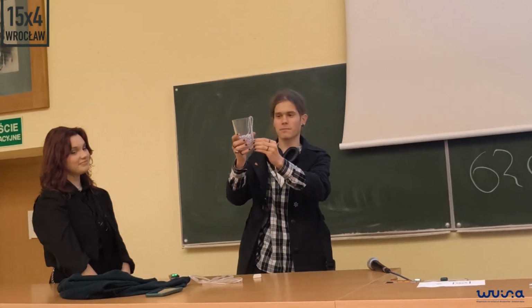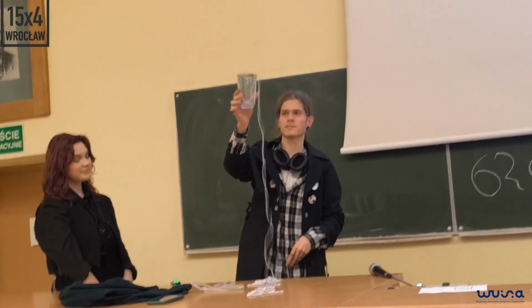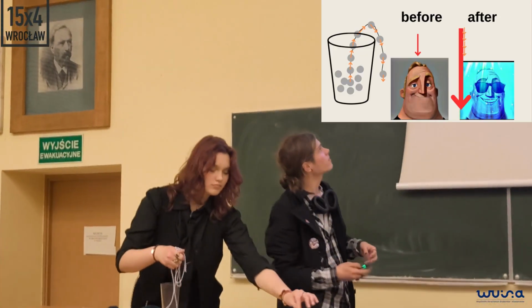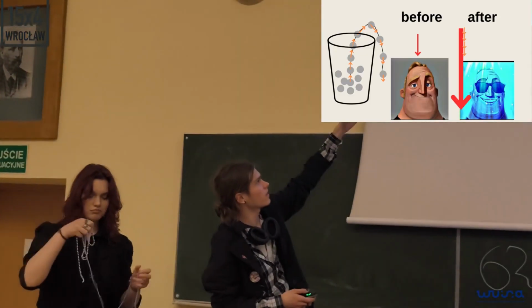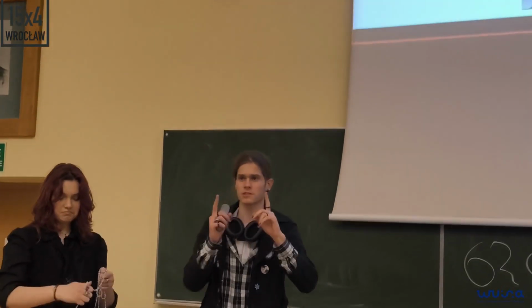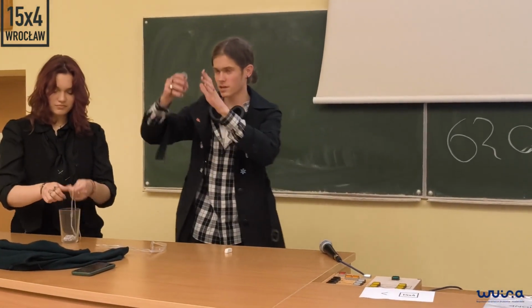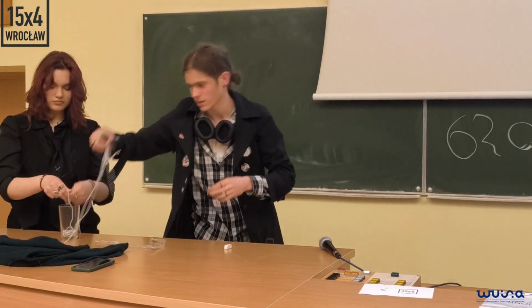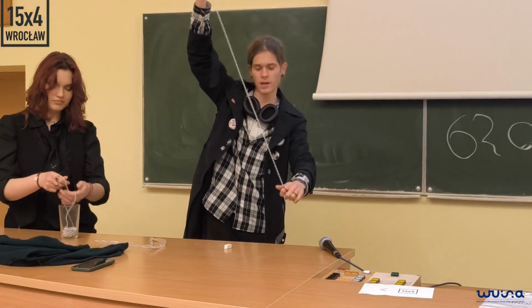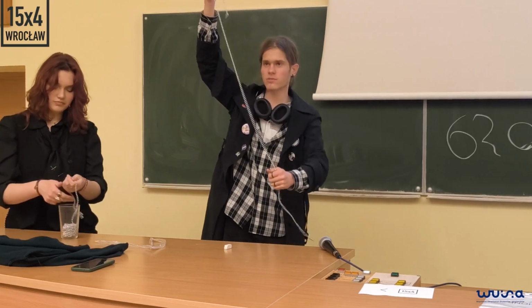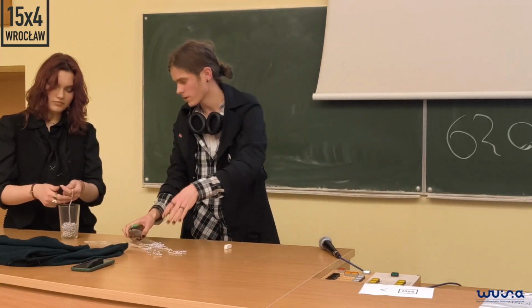But through some time, in the beginning I had only a little force because there was a little piece of chain. But when it started falling and falling, we had more chain falling down. And because of that, the force was greater.